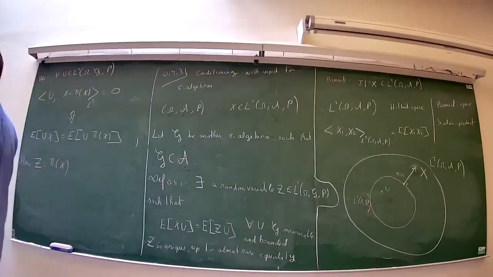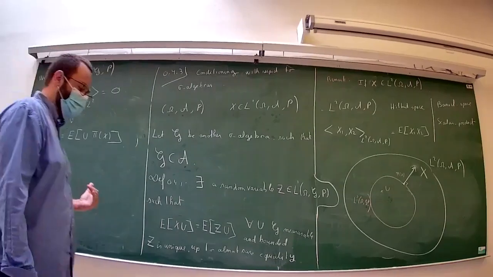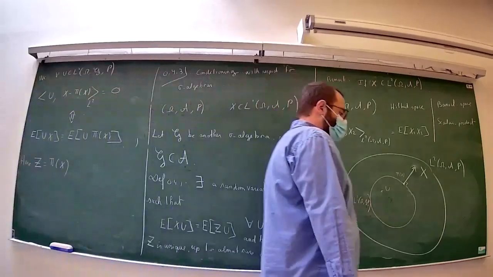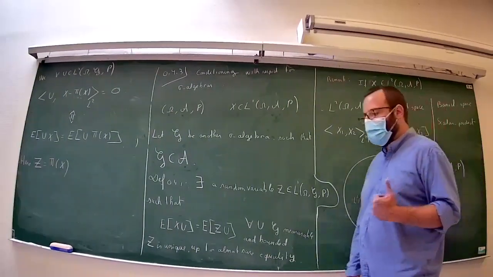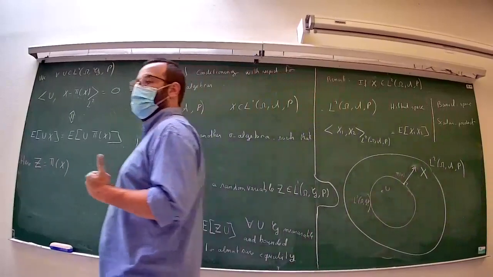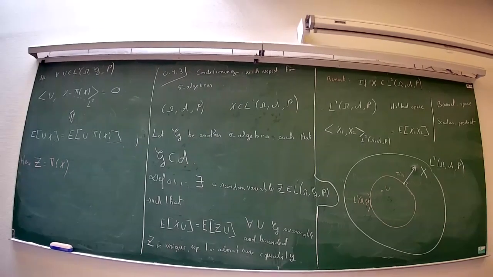If you are A measurable, you are not necessarily G measurable. The conditional expectation is, in some intuitive sense, the G measurable random variable that approximates capital X the best.